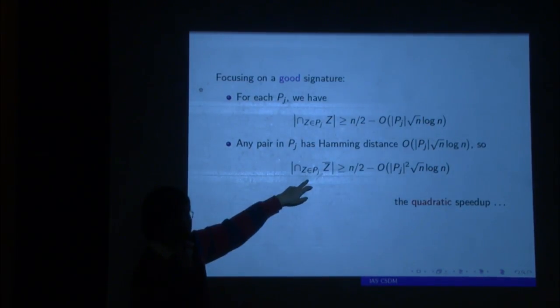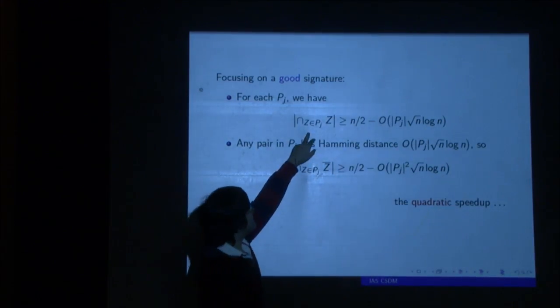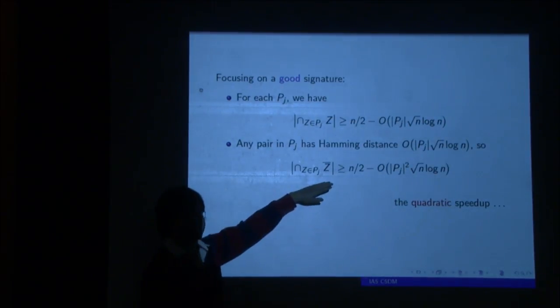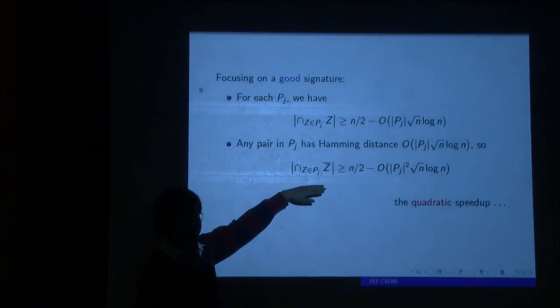We want to lower bound the number of common zeros. That's what is on top of the ratio that we're interested in. But if we have this, it tells us every pair of strings in PJ has Hamming distance at most size of PJ times root n log n. And this would be a safe lower bound for the number of common ones. Sorry, the number of common zeros.